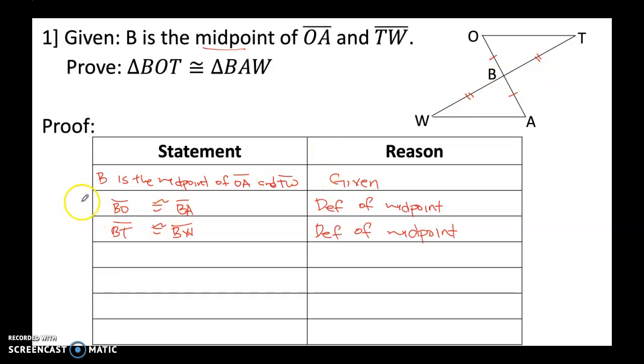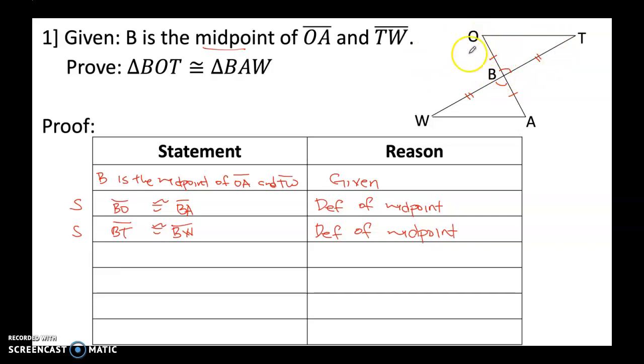Next, we need another part of the triangle in order for us to show that the two triangles are congruent. So using the two intersecting lines, if we have two intersecting lines, they form vertical angles. And what are the vertical angles? If two angles are vertical, then they are congruent.